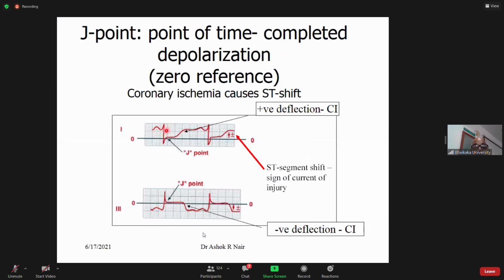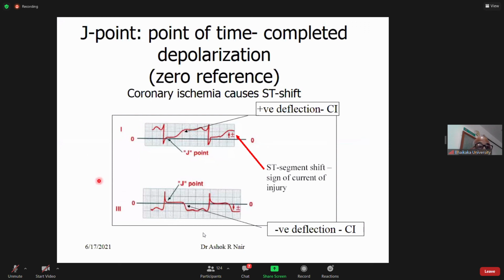For example, in this ECG figure, there is a J point, and this is the negative deflection occurring due to current of injury in lead 1 and lead 3.